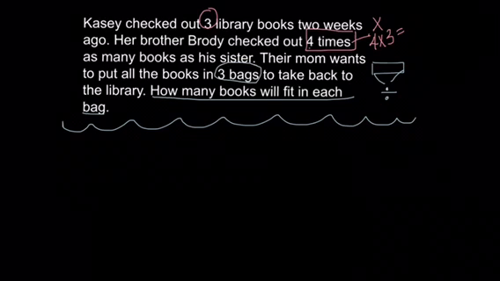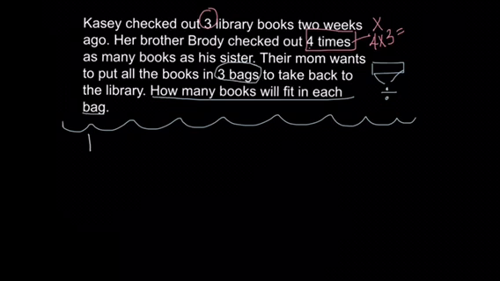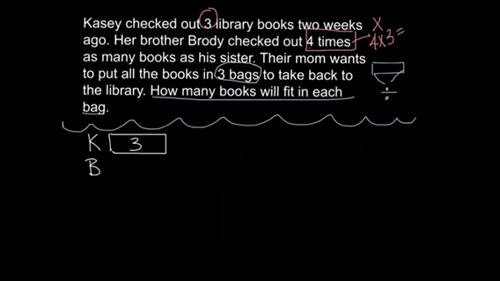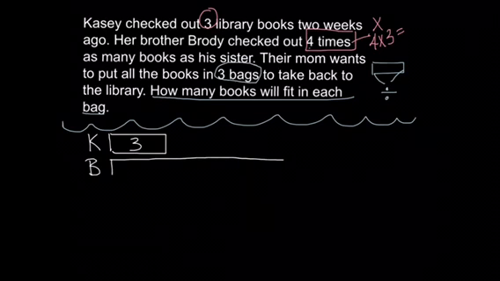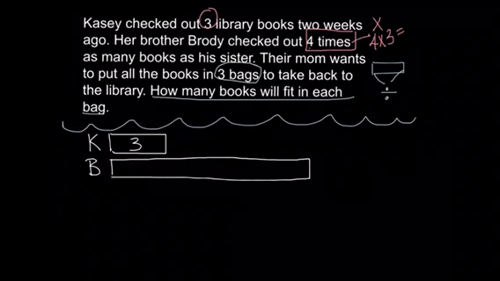So the first thing is, let's map out what Casey has. So I'm going to represent Casey with a K, and this strip is going to be her 3 library books. Her brother Brody has 4 times as many as her. So it's going to include that.